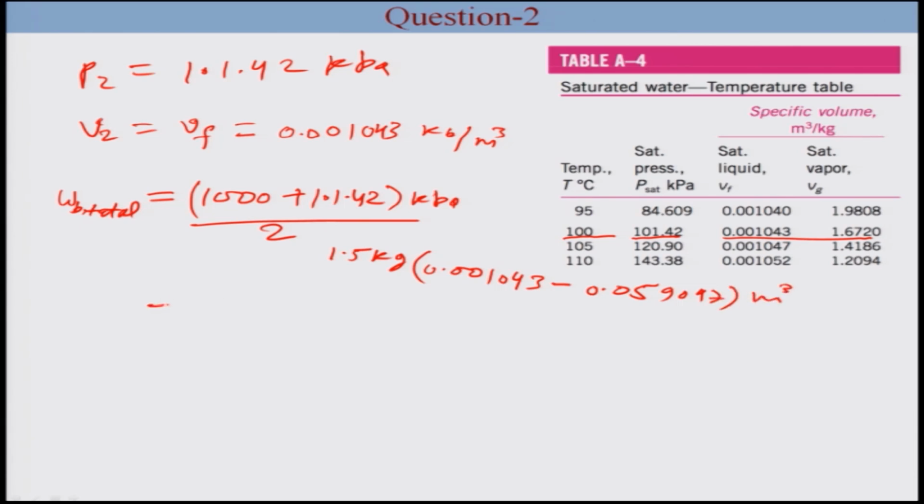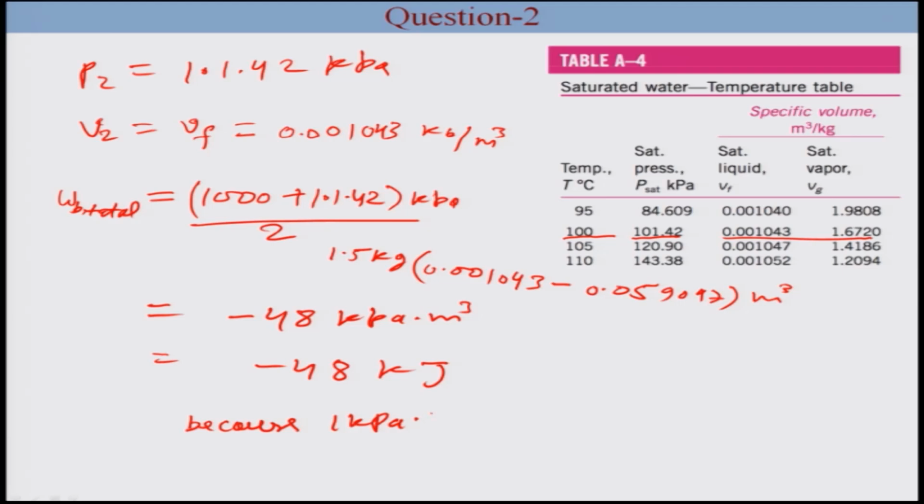From here we get minus 48 kilopascal meter cube, which is nothing but minus 48 kilojoule, because 1 kilopascal meter cube equals 1 kilojoule. So this is the total work in this process. Moving to the next question.